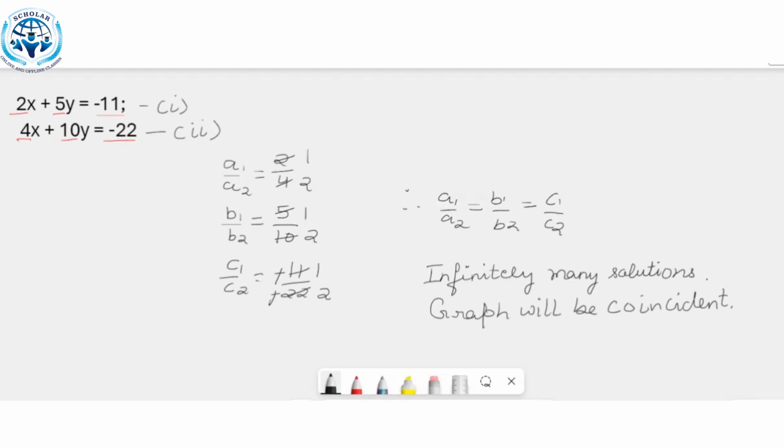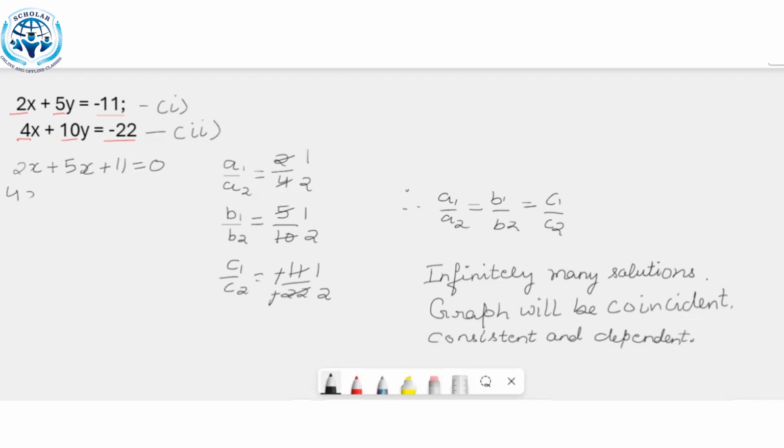The third result is that the pair of linear equations is consistent. That means it has at least one solution. We know that the pair of linear equations in two variables will be consistent if and only if it has at least one solution, either a unique solution or infinitely many solutions.